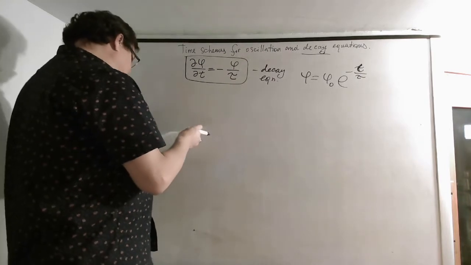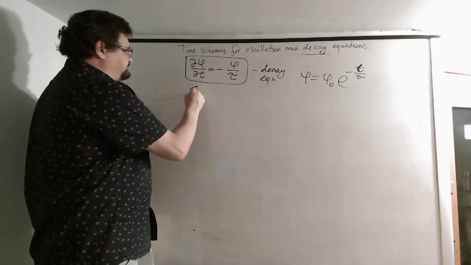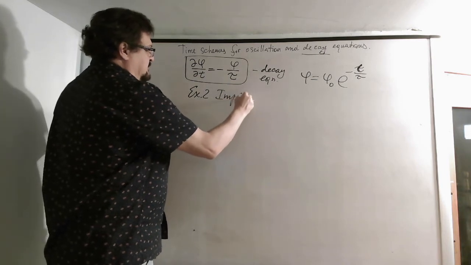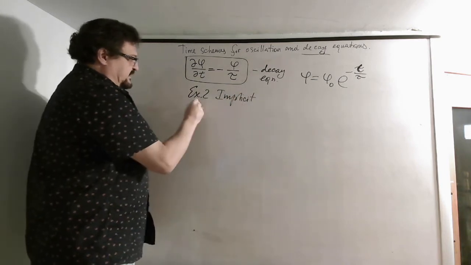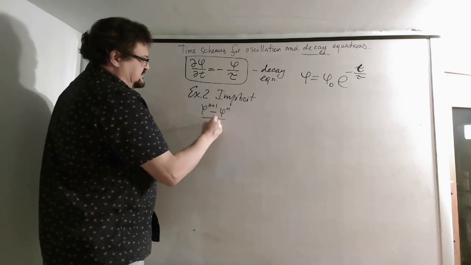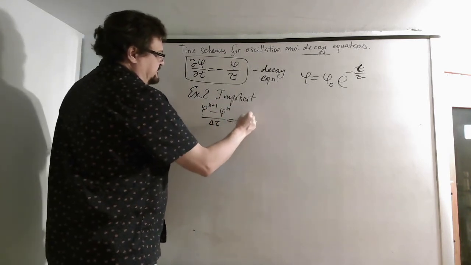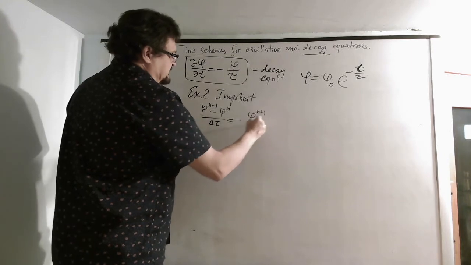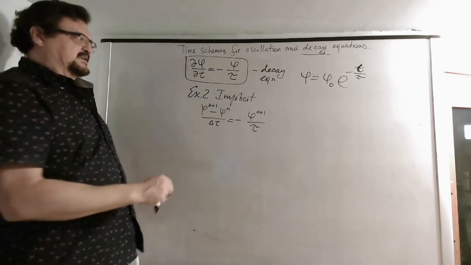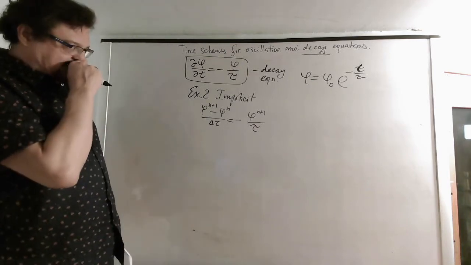But let's consider the implicit scheme. We have (φ^(n+1) minus φ^n) divided by delta t equals minus φ^(n+1) divided by tau. You see the right-hand side is evaluated at time step n plus 1, so it's implicit.